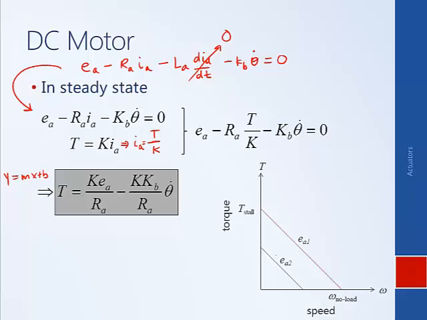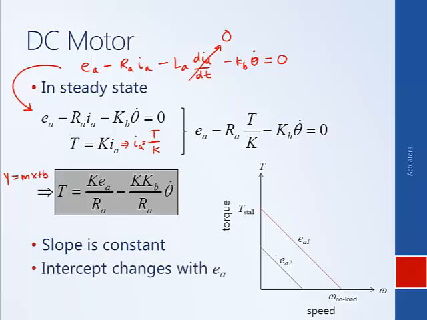Looking at this, the constant multiplying the independent variable is our slope. And it's constant and it's always negative because these parameters are positive and there's a negative sign in front. So we get this constant slope that slopes downwards. And this is a function of these parameters.